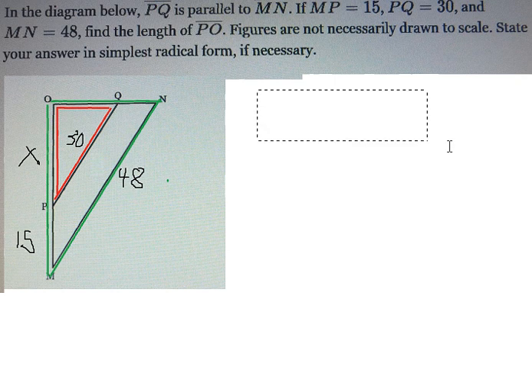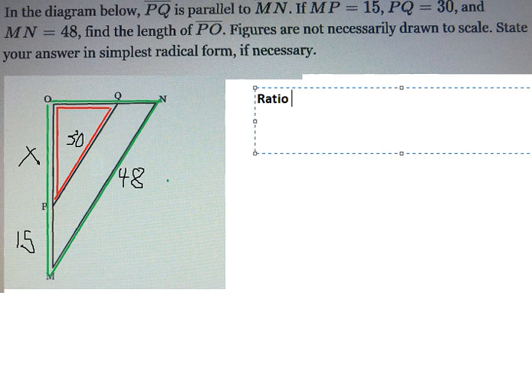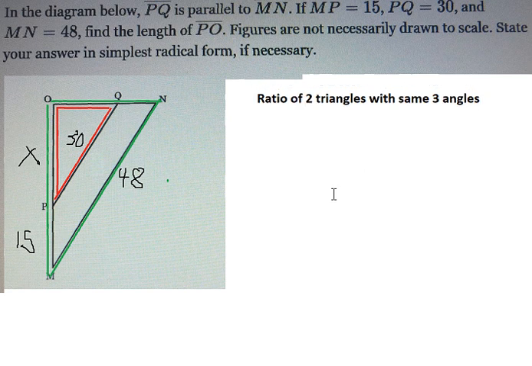So we can use the ratio of two triangles with the same three angles in here. So we know that BQ, MN, they are parallel. So the angle on the red one will equal the angle on the green one in here.